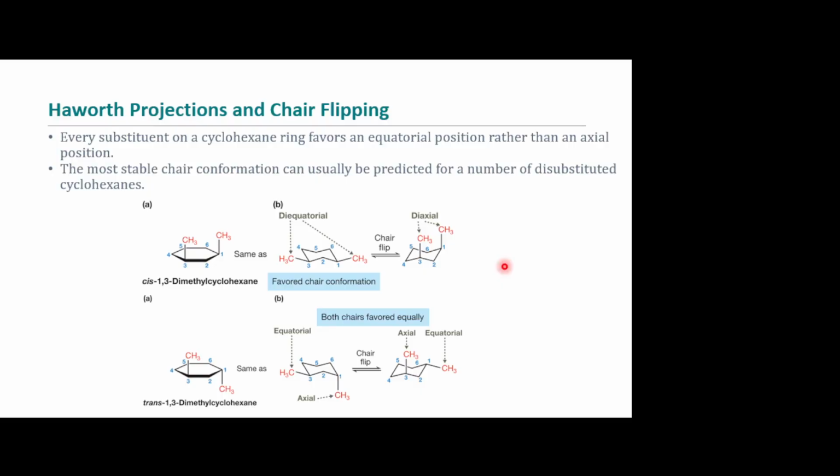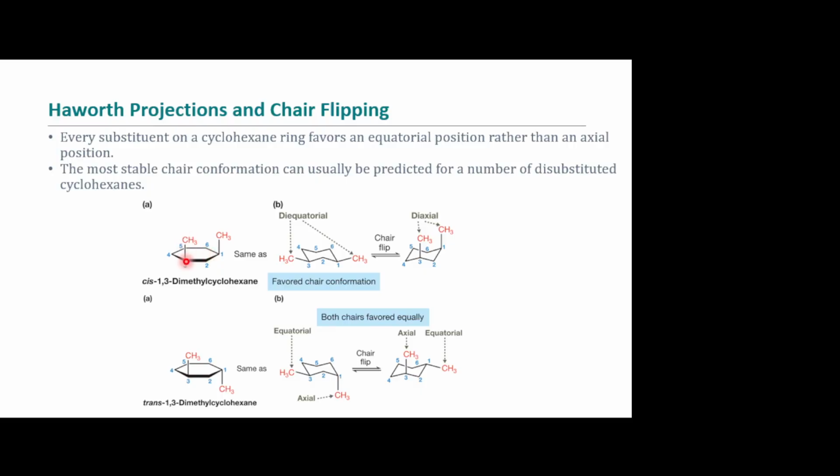And so this right here is going to be the most stable when we have the cis form in the chair conformation where these are both equatorial. This is called diequatorial because both of them are equatorial. Notice that's because they're on the 1 and 3 positions. Remember, they alternate. So if this one's equatorial on the top, then on the second carbon this would have been axial, and on the third one this has to be equatorial.